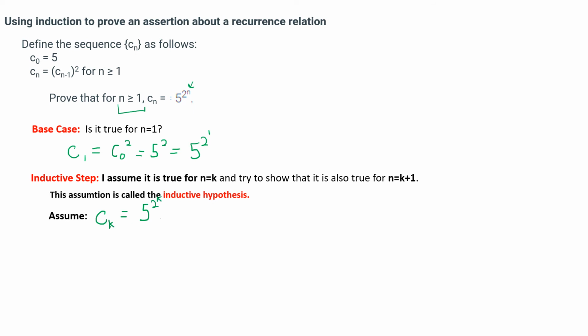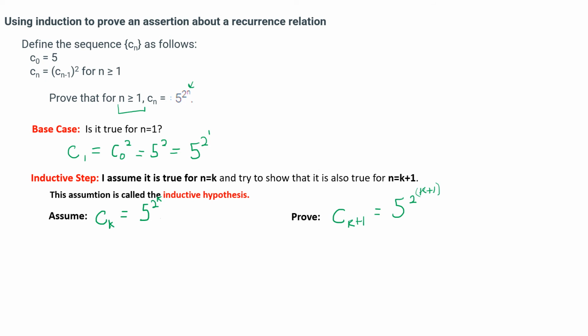Okay, we're assuming that. And then we need to prove that C sub k plus 1 is equal to 5 to the 2 to the k plus 1.